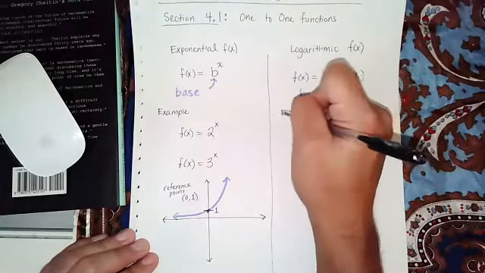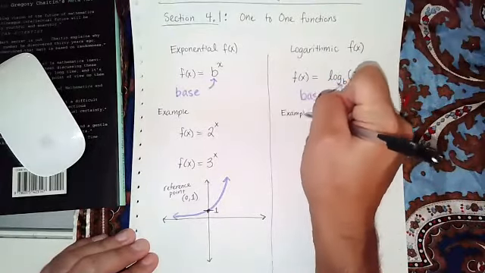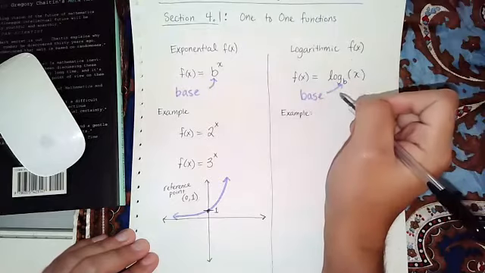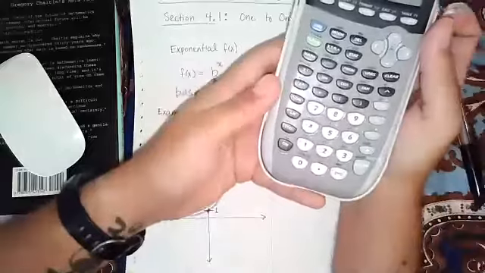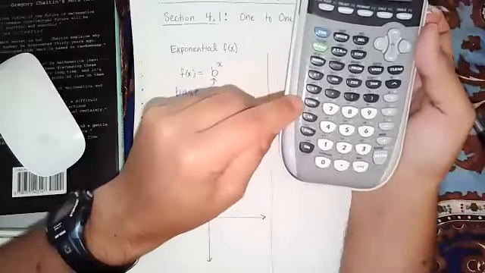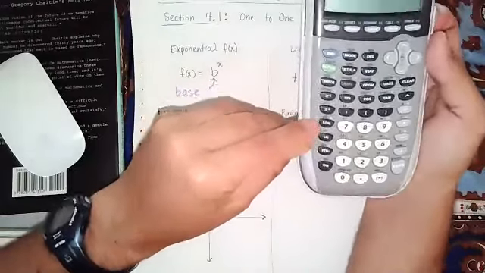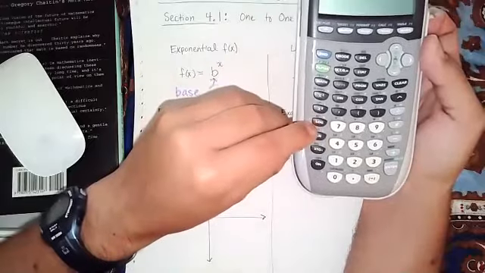An example of a logarithmic function. Well, you might have seen these symbols on your calculator, right? You might have seen log or ln. It turns out that these are logarithmic functions.